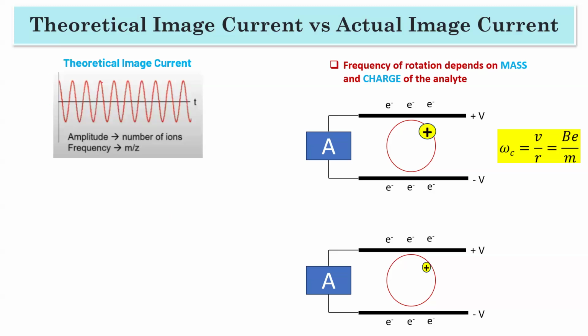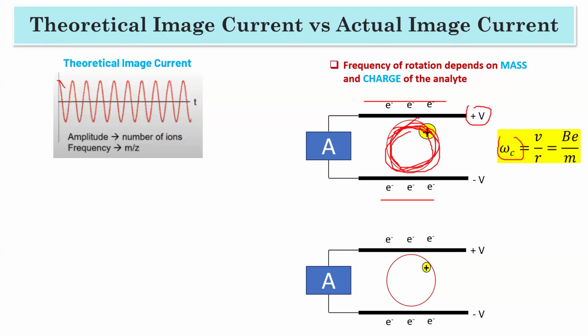Okay, so here I want to say, in theory, this rotation should be constant. It should be consistent. It should not stop. It should just move on, because you are already applying a magnetic field, so the rotation should have some frequency, and that should be constant.